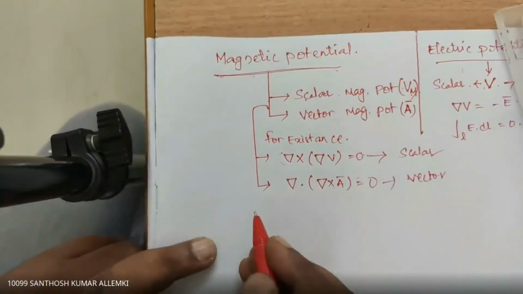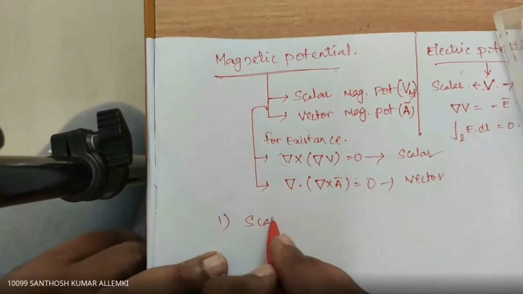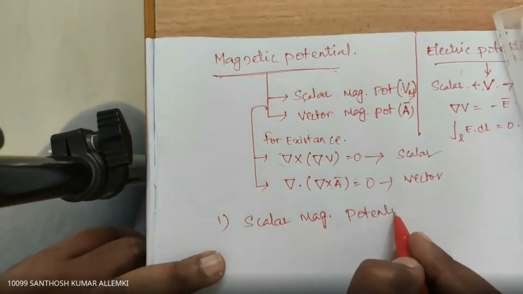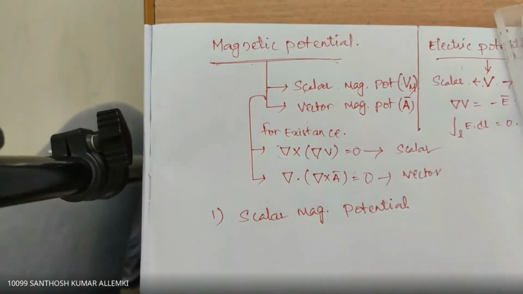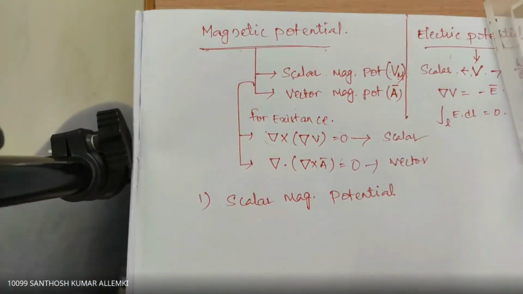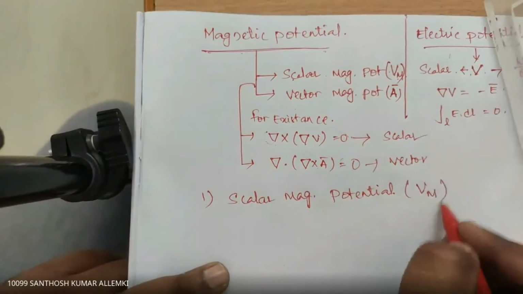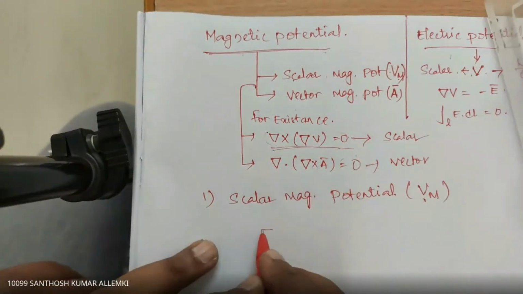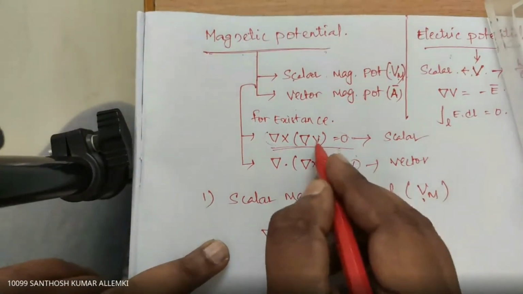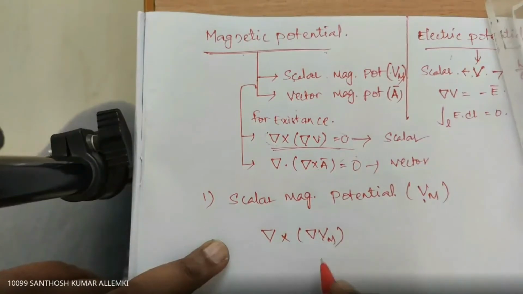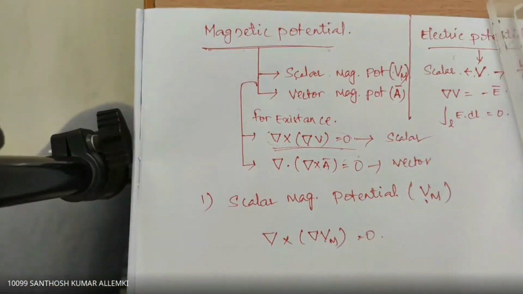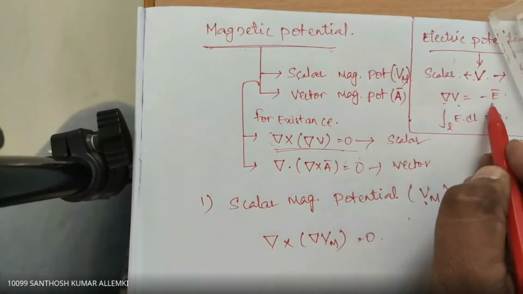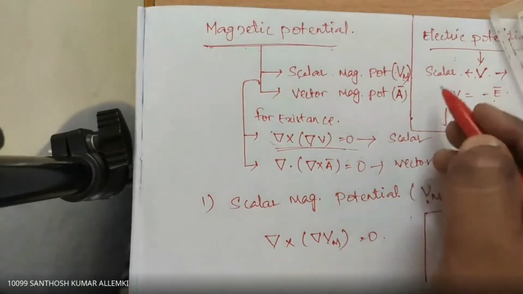First we'll see scalar magnetic potential. Scalar magnetic potential is represented with Vm, and for Vm we need the condition del cross del Vm is equal to 0. Previously we had del V is equal to minus E bar for the electric case.